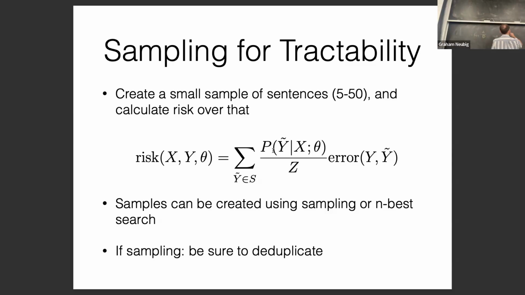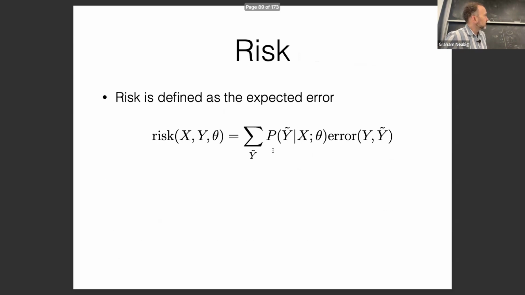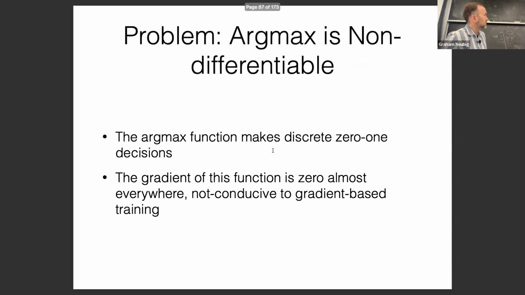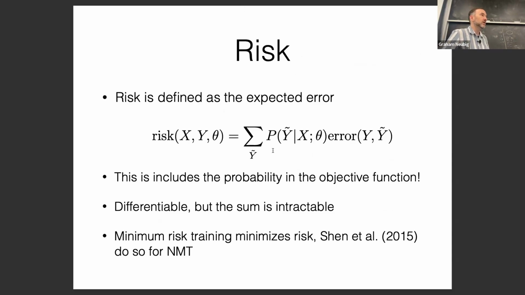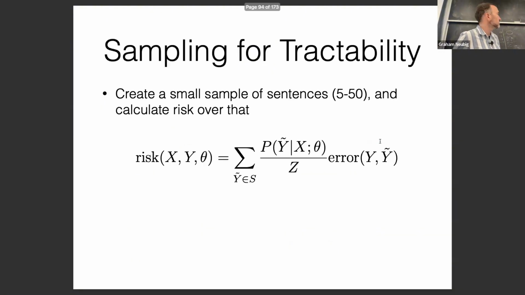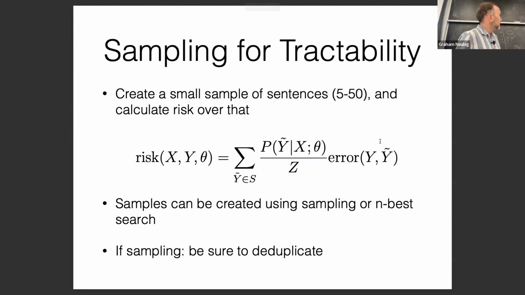If we take all of the top ones, we will get ones that are likely, and we will be able to distinguish between them. The problem is the top ones might all be good, for instance. They might all be perfectly fine outputs. And so we won't get very many negative examples. Let's say all of them had an error close to 0, we just lose our learning signal. However, if we had ones up here that had very high error, then yes, definitely we'd want to be penalizing them.